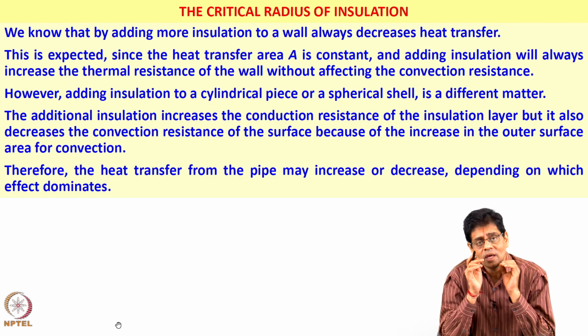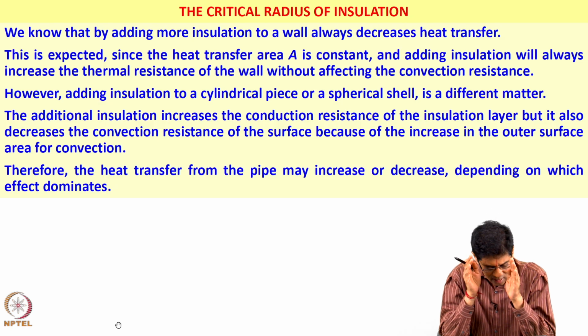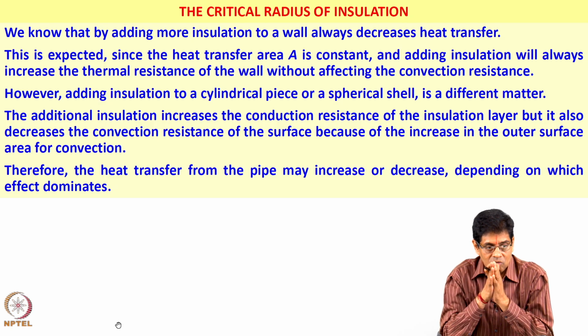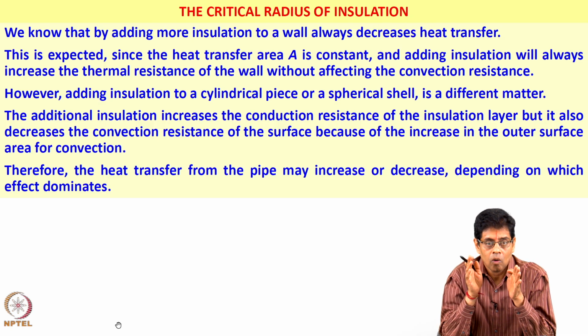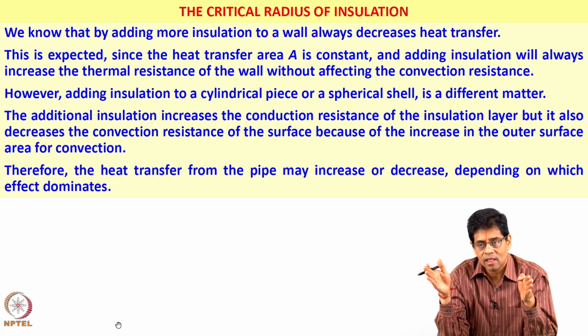Very simple concept now, based on resistances in series is what we call the critical radius of insulation. We know that insulation is a necessity to reduce the heat transfer. That is a desirable outcome of insulation. Since in a plain wall, if I keep on adding a thickness, I am going to increase the resistance and thereby the heat transfer is going to reduce.